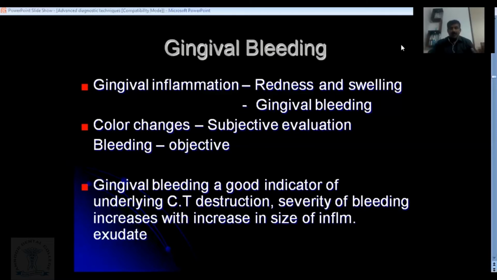Bleeding is a very good indicator of the underlying connective tissue destruction. And the severity of bleeding increases with the increase in size of the inflammatory exudate. So as the intensity of inflammation increases, the more bleeding from the gingiva occurs.